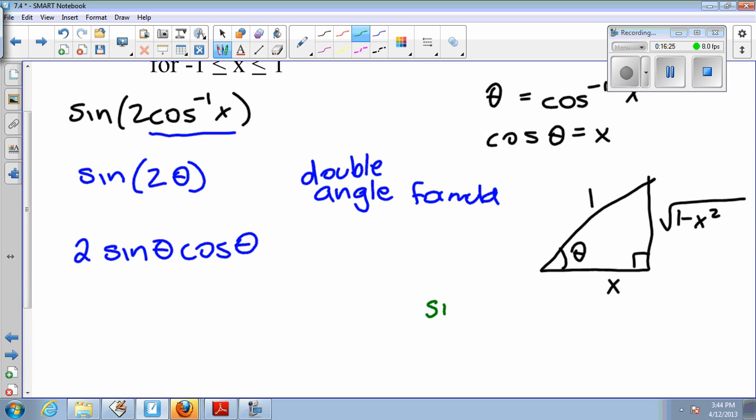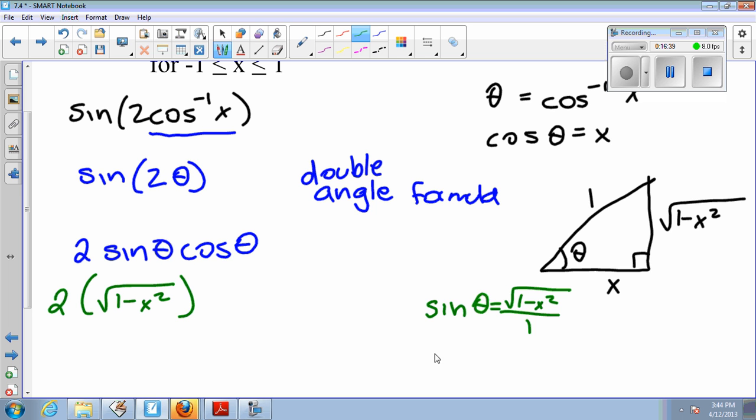So sine theta is opposite over hypotenuse. So root 1 minus x squared over 1. So we're going to plug in root 1 minus x squared for sine theta. Cosine theta becomes x over 1 for adjacent over hypotenuse.